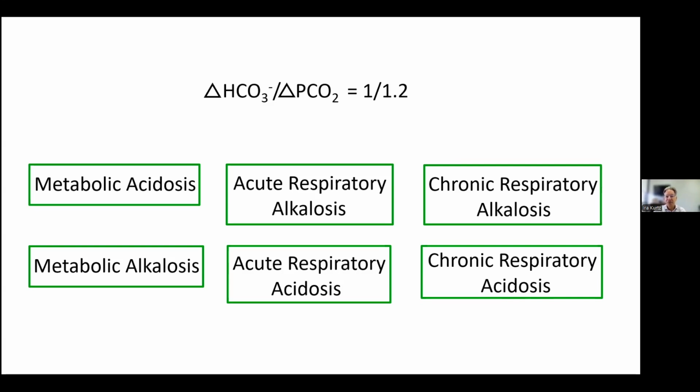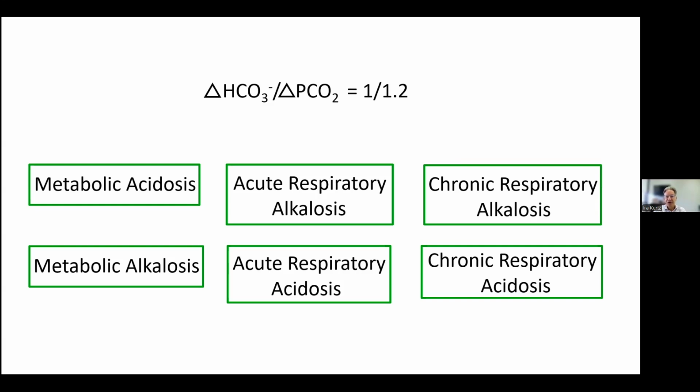And each of them has a different change in bicarbonate from its original value relative to the change in PCO2 from its original value. Now, the problem is we don't know the original values in most patients, so we have to assume population norms. And remember that the normal PCO2 in a male is 40 and the bicarbonate's 24. And in a female, the normal PCO2 is around 38 and the bicarbonate's 23.